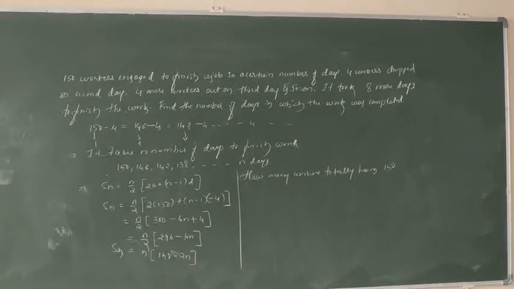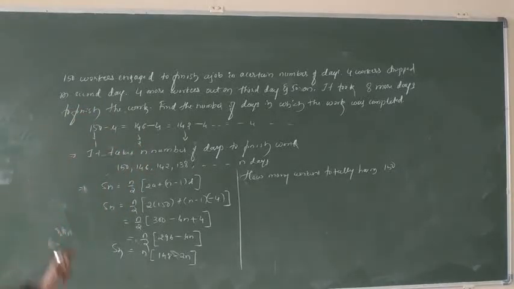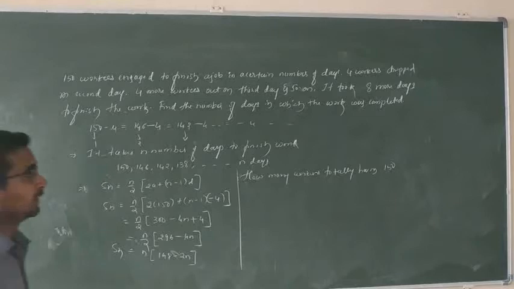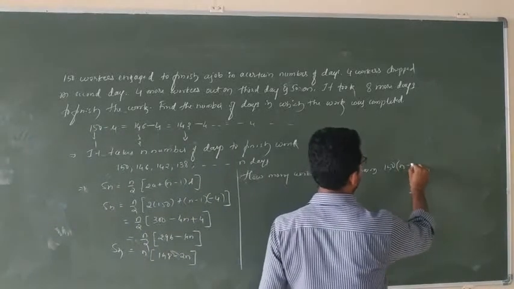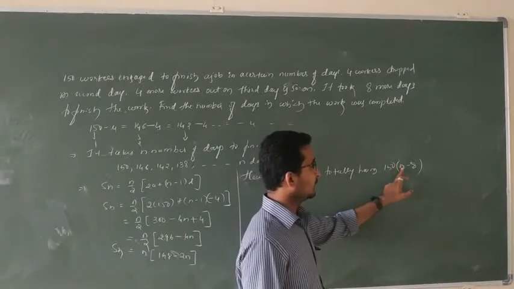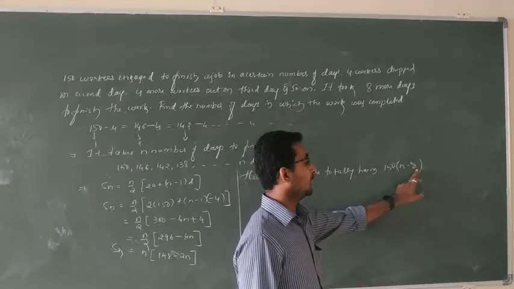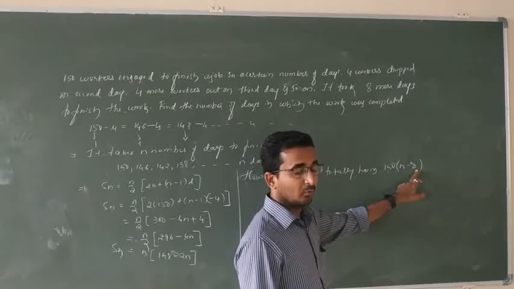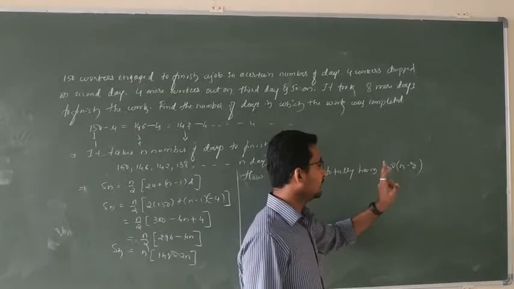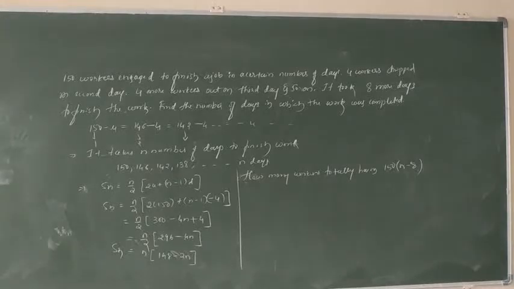So if we have 8 more workers, out of 150 workers, then it will take a smaller number of days. It means that it is n minus 8. If we have 8 more workers, then it will be finished before that, so how many days will it take?